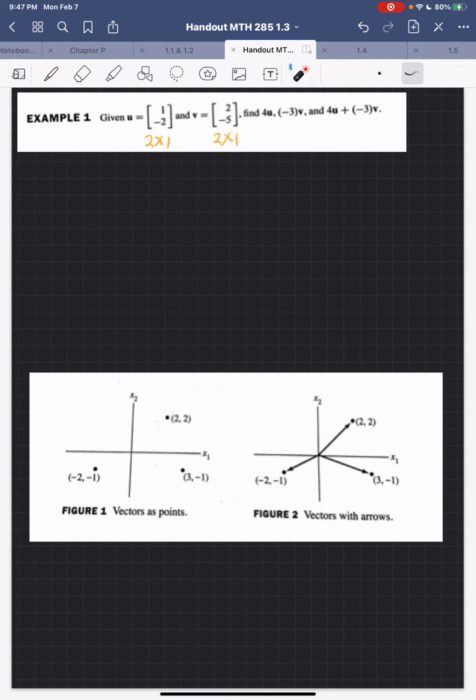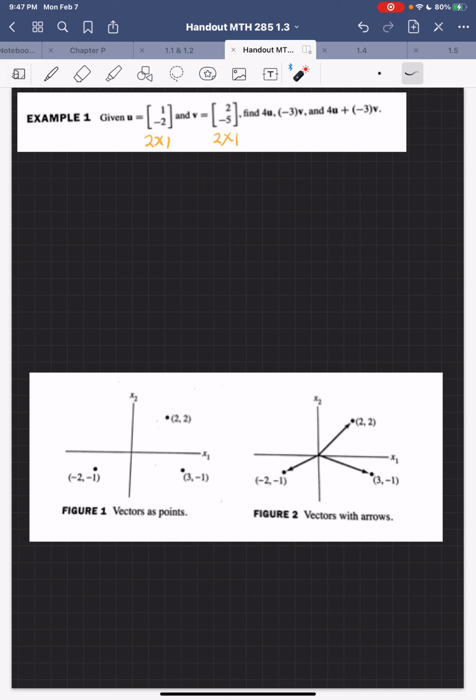And what I'm going to be telling you in just a second is that this is what we call a column vector. In fact, any n by 1 matrix is a vector, a column vector.